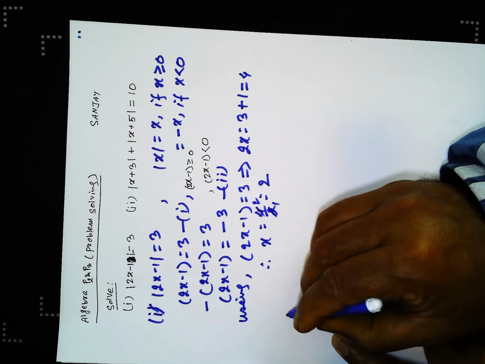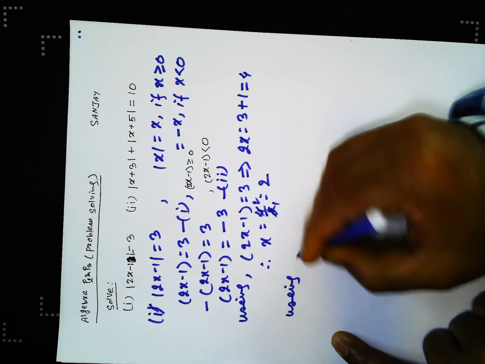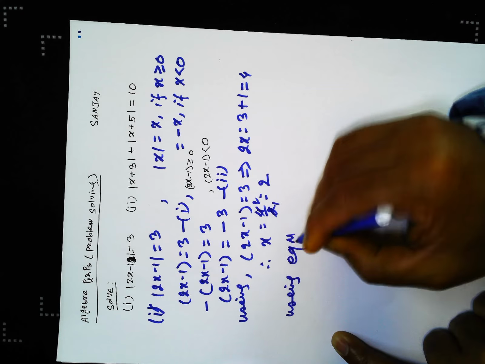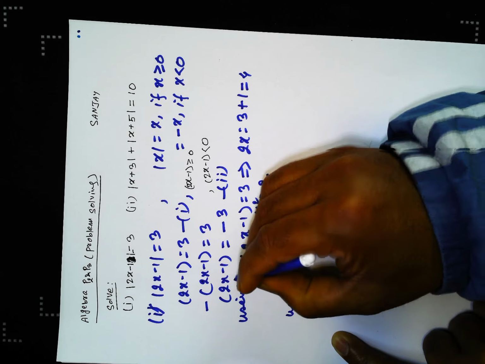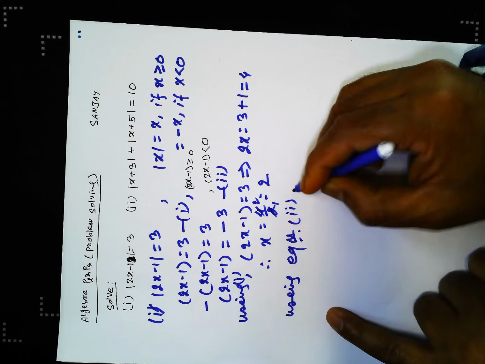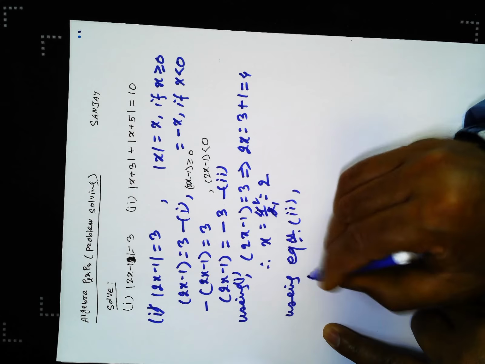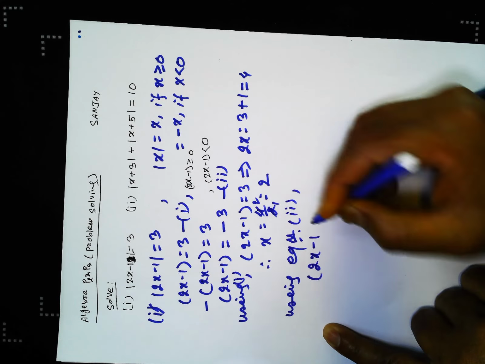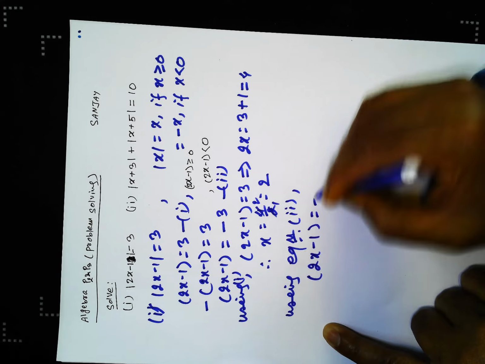That is by using equation 1. Next, using equation 2, we have 2x minus 1 equals minus 3.